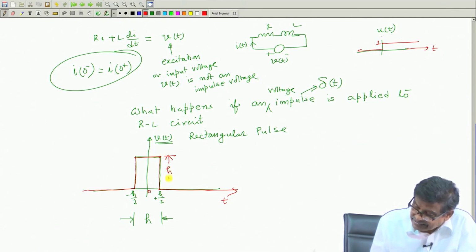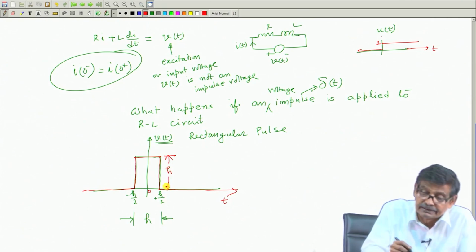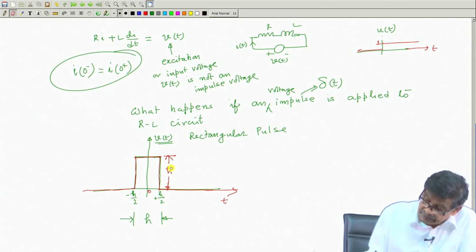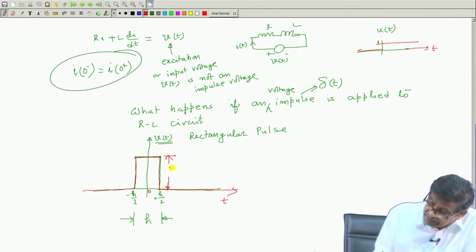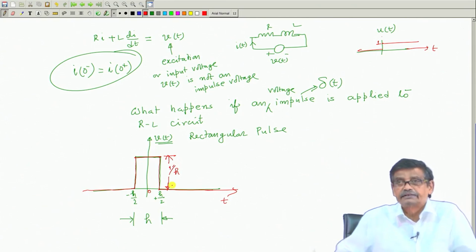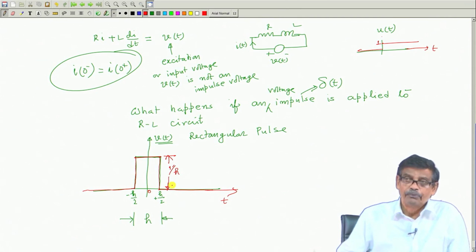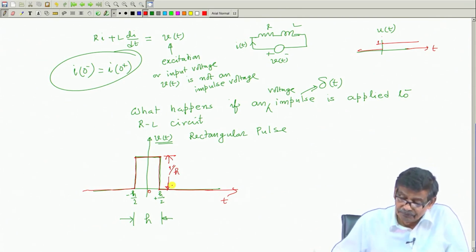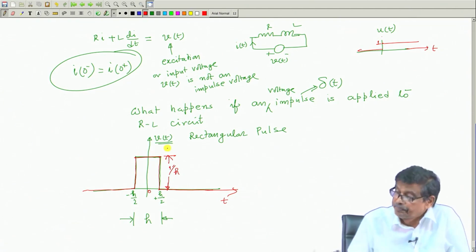I have taken such a rectangular pulse whose height is 1 by h. Let us take a special rectangular pulse whose height is 1 by h and width is h. Got the point? Suppose h is equal to 2. If h equals 2, I will take the height to be half.